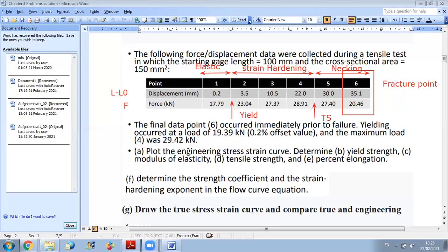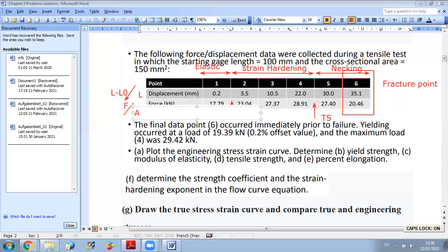I know that engineering strain is delta L over L. So to find the engineering strain, all I have to do is to divide the displacement values by L. Since the displacement values are given in millimeter, I divide by the value of L in millimeter, which is 100. From here, I get epsilon for the different points. And concerning the engineering stress, by definition, the engineering stress is the force applied over the cross-sectional area A.